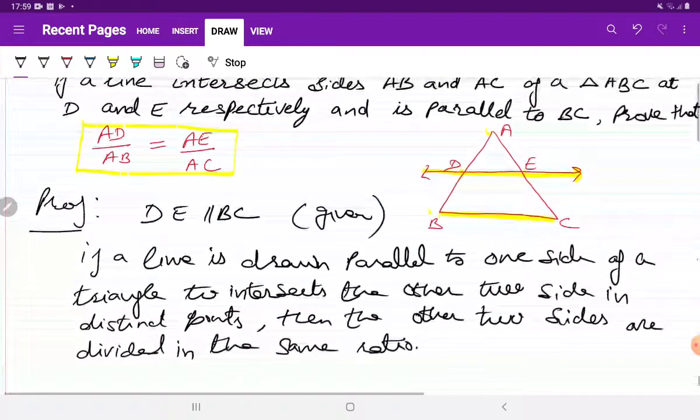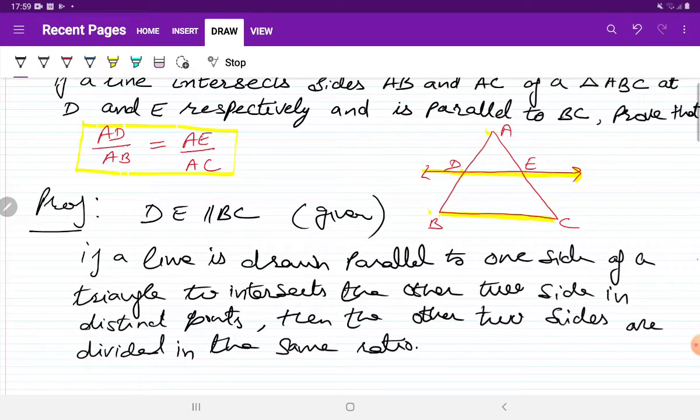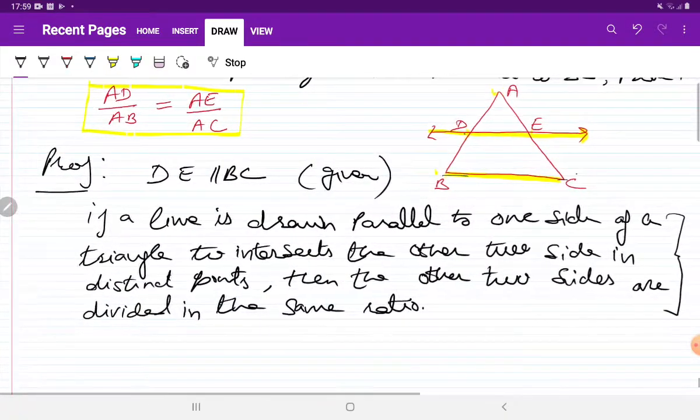What Thales theorem states: if a line is drawn, like here DE is the line, drawn parallel to one side of a triangle, this is my one side, to intersect the other two sides, AB and AC, at distinct points D and E, then the other two sides are divided in the same ratio. Same thing is given in this diagram, right? So this Thales theorem statement we are going to use in our example, because here DE is parallel to BC.